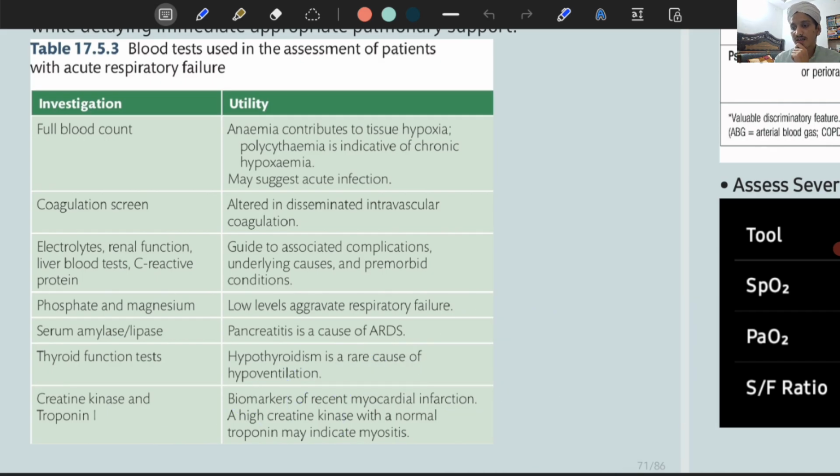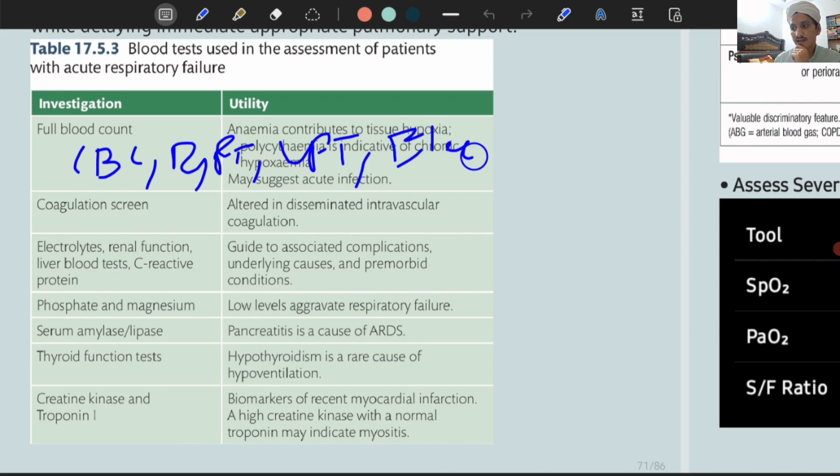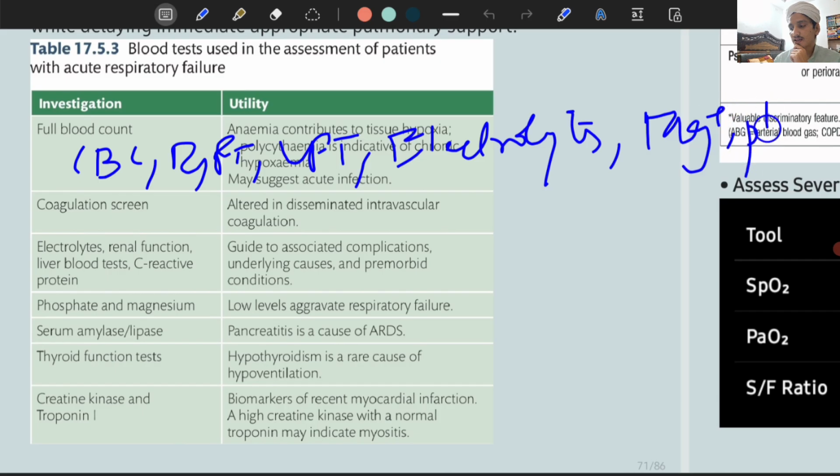So in brief, you will do CBC, RFT, LFT, electrolytes, including magnesium and phosphate. If you are suspecting pancreatitis, then serum lipase or amylase.